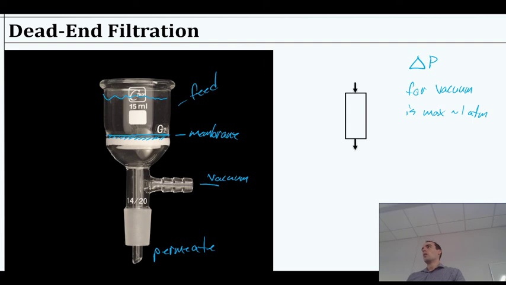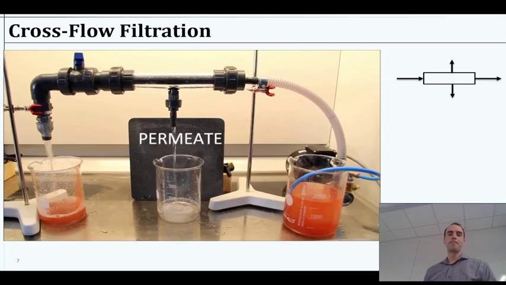We can certainly create pressure with a pump that's much higher than 1 atmosphere, but if we're going to do something like a vacuum filtration setup, that would be a limitation potentially. So in this case, the water should hopefully all go down and not get pulled by the vacuum. Of course, that's somewhat of a risk, but generally you'd operate it so that you catch pretty much all the permeate, because you don't want the liquid going into your vacuum.